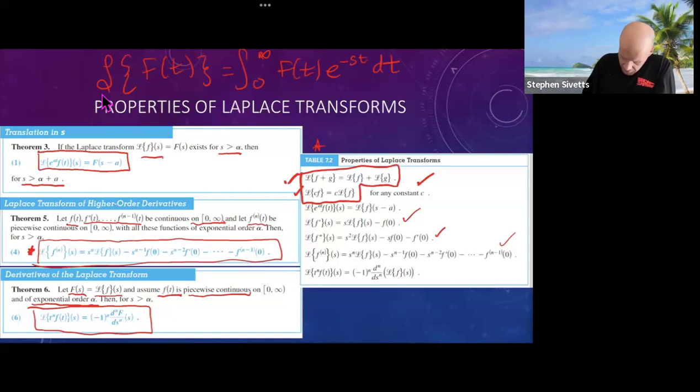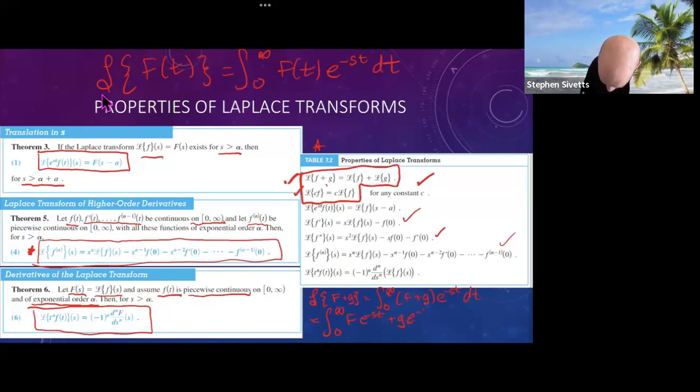If we have two functions f and g, the Laplace transform of f plus g, by definition, is equal to the integral from 0 to infinity of f plus g times e to the negative st dt. This equals the integral from 0 to infinity of f of t times e to the negative st plus g of t times e to the negative st dt.